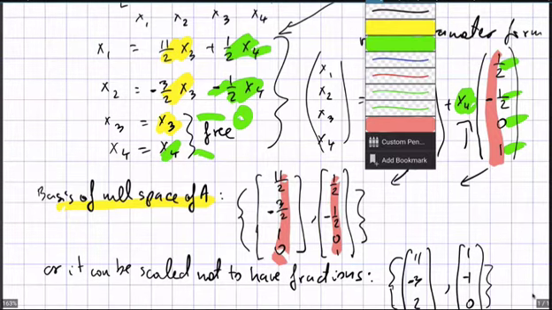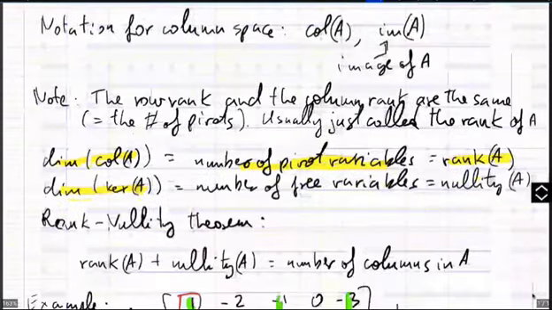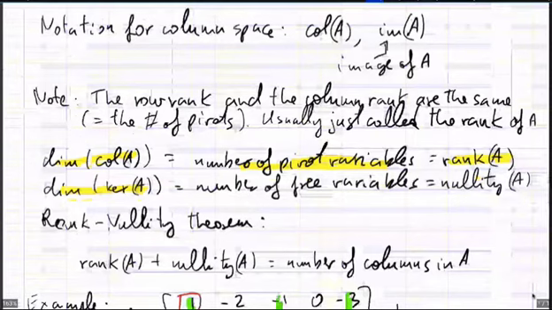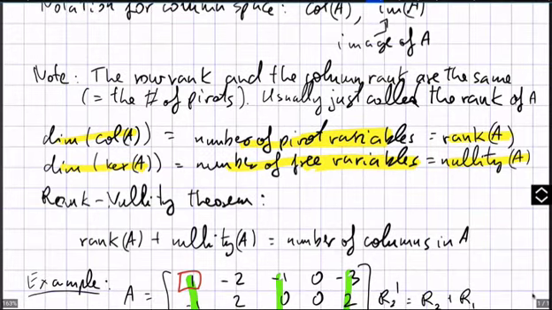So that means that we have as many free variables as the dimension of the kernel of A, as the number of vectors in the basis. So when you add together the number of pivot variables and free variables, that's the number of columns. This is called the rank nullity theorem, which says that the rank of A plus the nullity of A equals the number of columns in A.